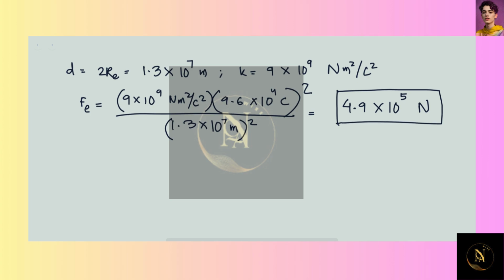And then we need to find the force of gravitational attraction, or the gravitational force, and that is given by G, which is the gravitational constant, m1 m2 over d square, where d is the distance between the two bags.